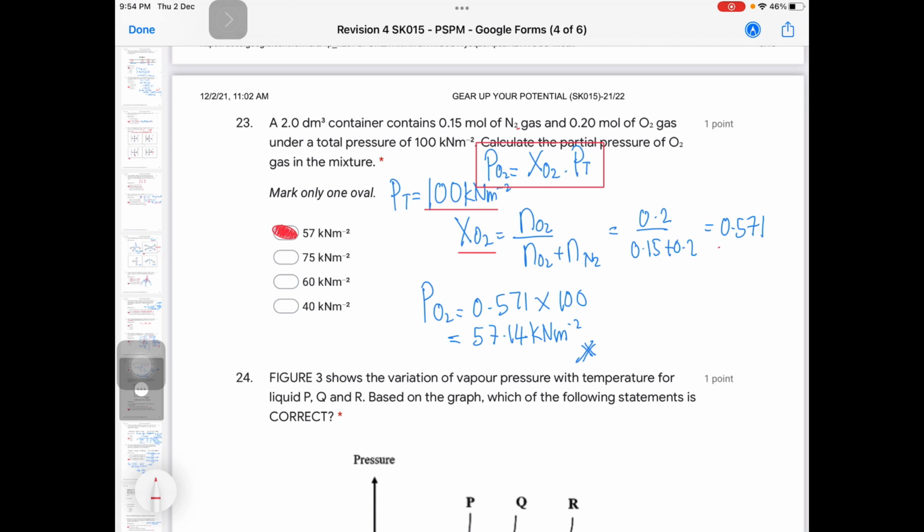So kita dapat 0.571. So ini adalah fraction untuk oxygen, mole fraction untuk oxygen. And then P total 100. Jadi 0.571 times 100. The answer is 57.14 kN per meter square. So the answer is option yang pertama.